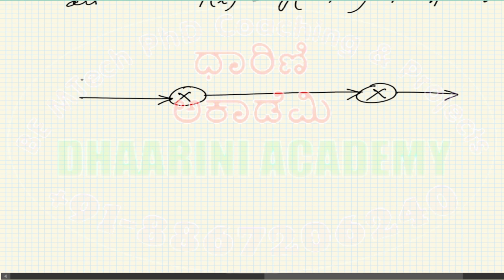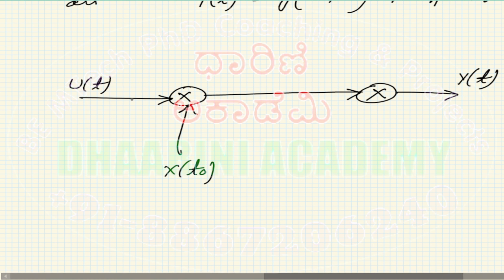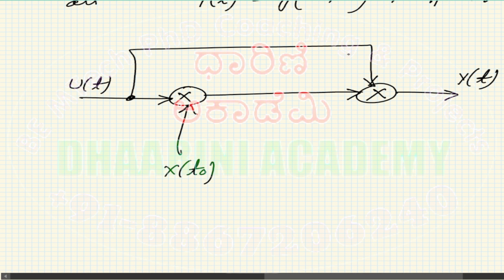Say this is u of t, the input, and this is the y of t output. The u of t takes in another value, x of t naught, which is the initial condition. This u of t can be taken and mixed to get the instantaneous input, plus this is x of t.